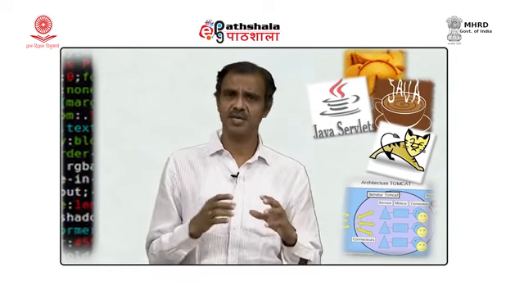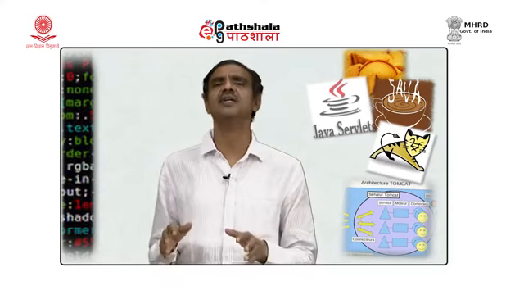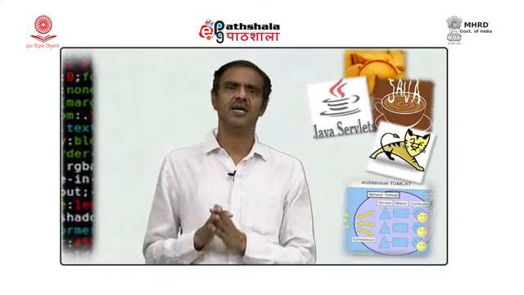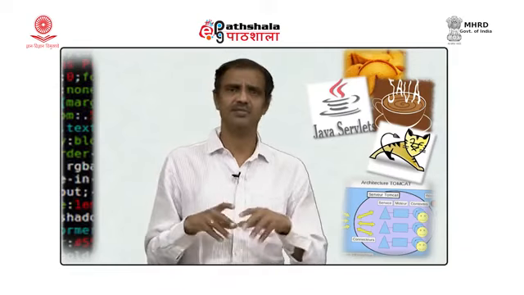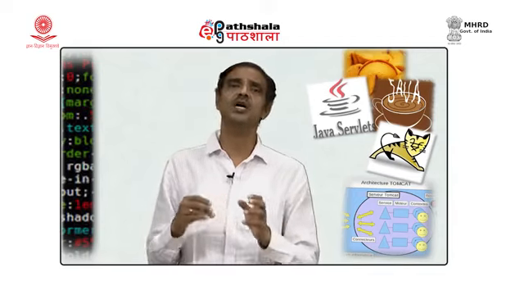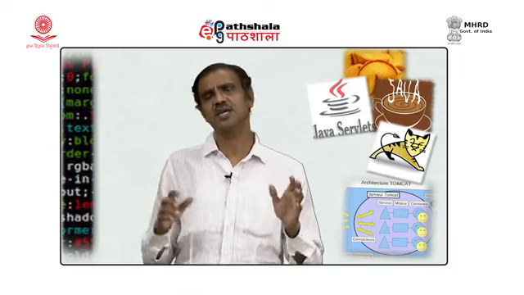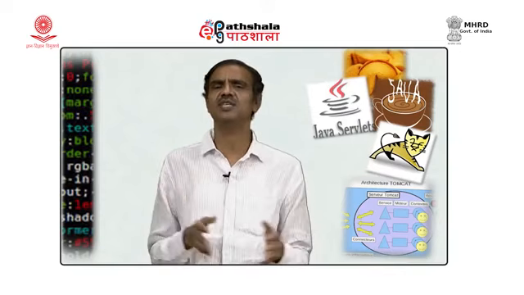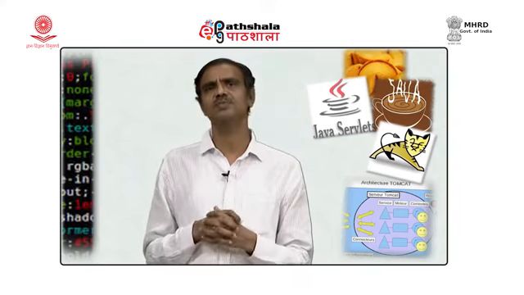In this particular paper, most of the modules concentrate on that web interface, and we have chosen Java technology. There are various other technologies available, but for this paper we have chosen Java. It is not the only way, but to explain and get everything working, Java is one of the most common technologies, openly available, very commonly used and more popular.